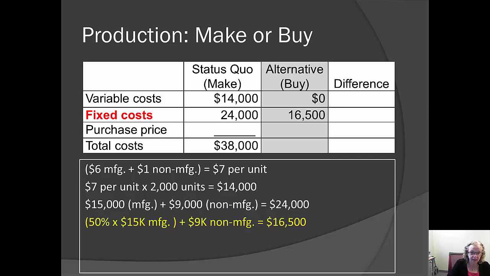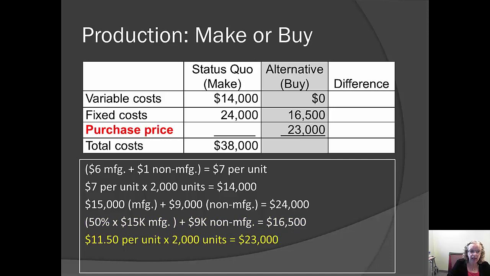So net, their fixed costs are reduced from $24,000 to $16,500. But the firm has to buy the components at $11.50 each. For 2,000 units, that's $23,000, bringing the total cost of buying the component to $39,500.